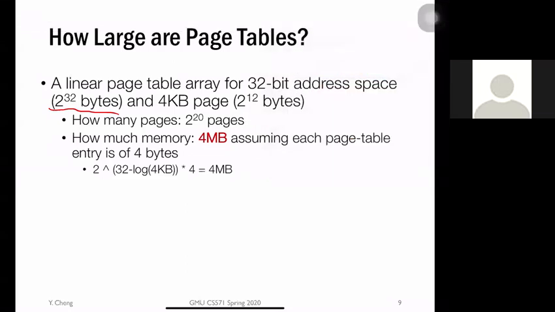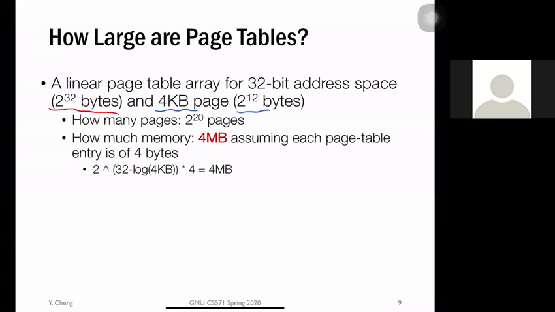Also assume that within this virtual address space, the size of a virtual page is 4 KB. So that means the offset field has 12 bits, because the size of the page is 4 KB, which is 2 to the power of 12 bytes.